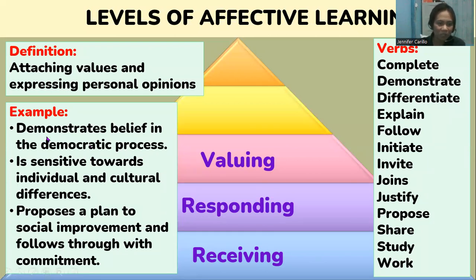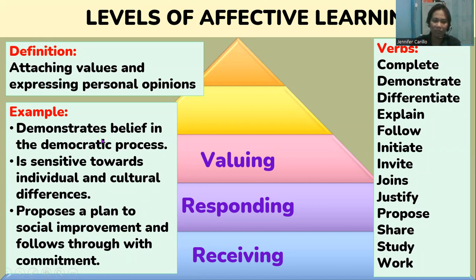Demonstrates belief in the democratic process. Another is being sensitive towards individual and cultural differences. Another, proposes a plan for social improvement and follows through with commitment. So the students here give value to a certain concept or idea.